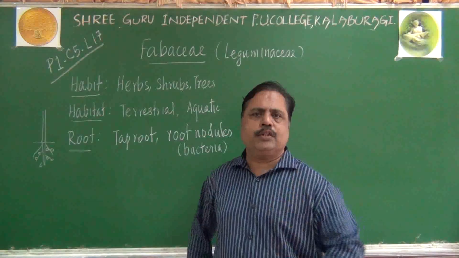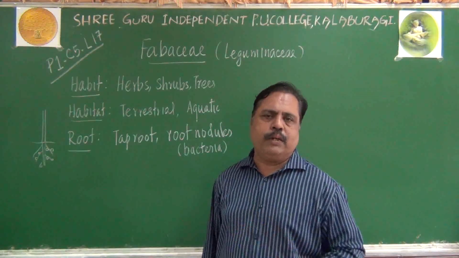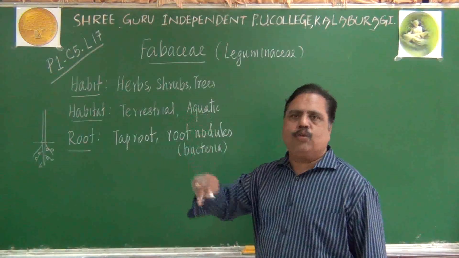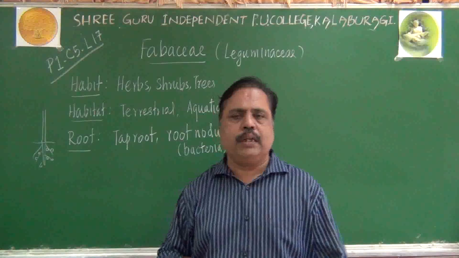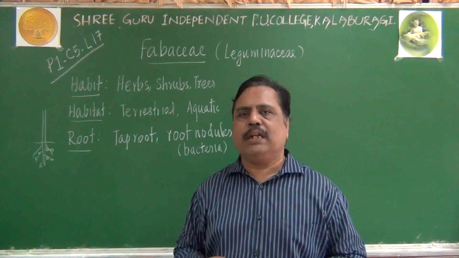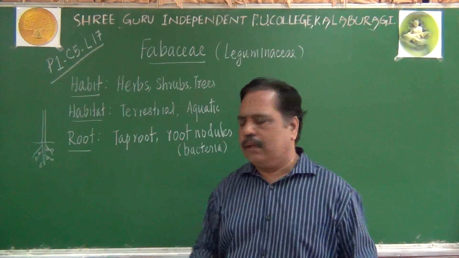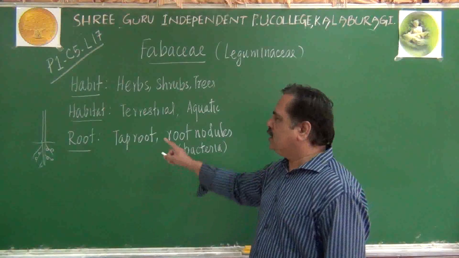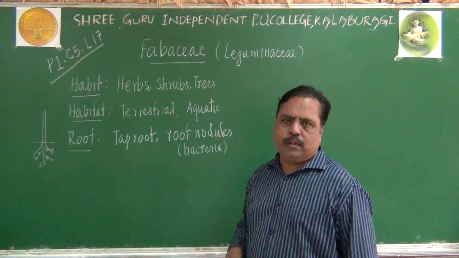Why should bacteria live in the root of this family? This bacteria will fix nitrogen from the atmosphere and give it to this plant. So nitrogen fixing bacteria, useful bacteria, live in this root nodule. That is the speciality of root.